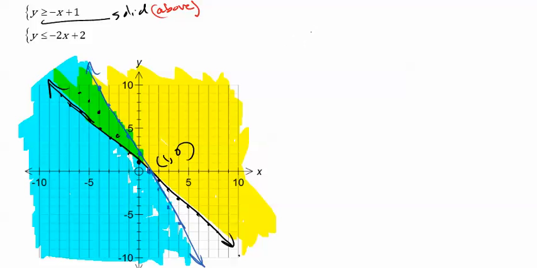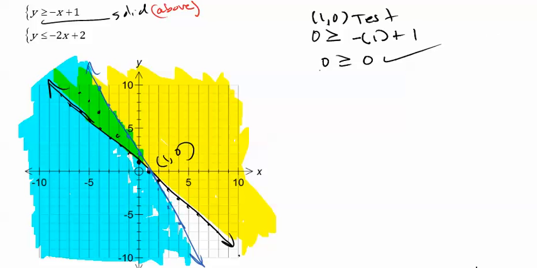So let's check that out. I'm testing the point (1, 0). 0 is greater than or equal to negative 1 plus 1. 0 is greater than or equal to 0. Well, that's true. Let's try it in the second inequality. 0 is less than or equal to negative 2 times 1 plus 2.